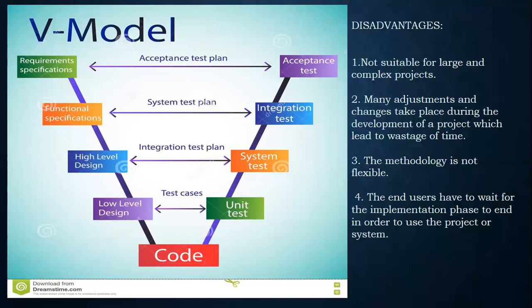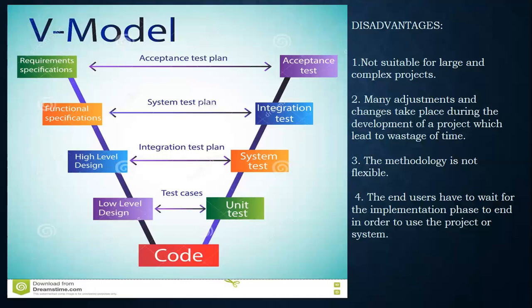If any changes happen in development, definitely the testers should also change their requirements, or functional specification, or the test plan, or test case writing, anything. Both start at the same time.